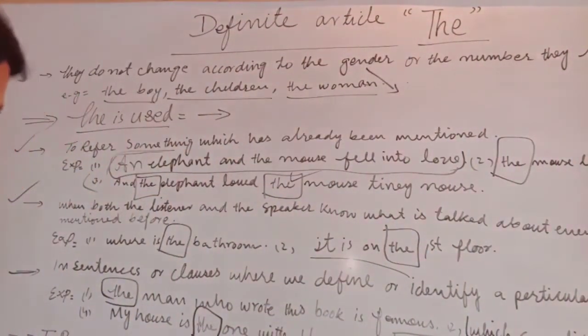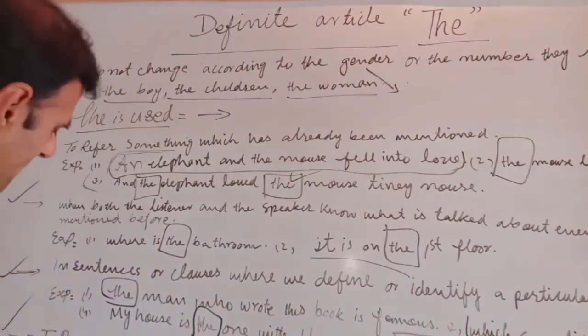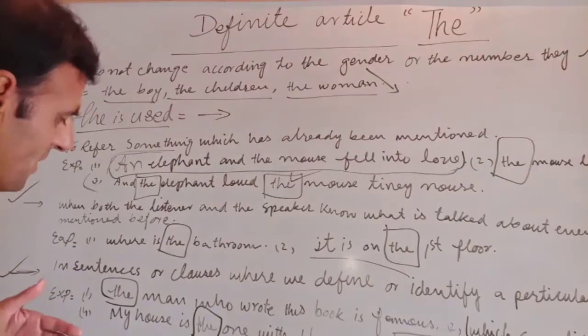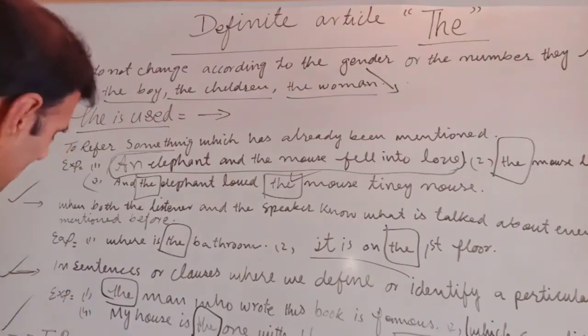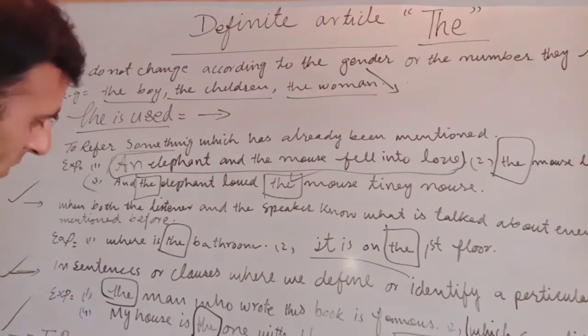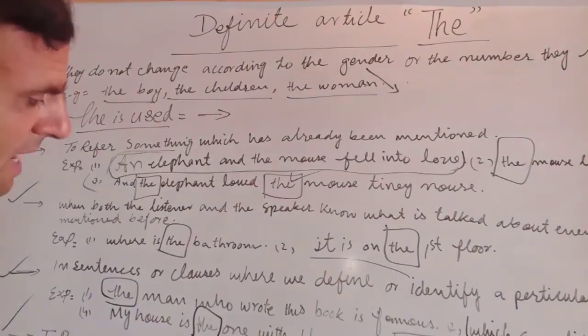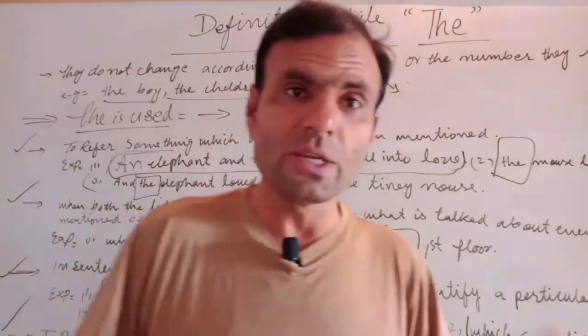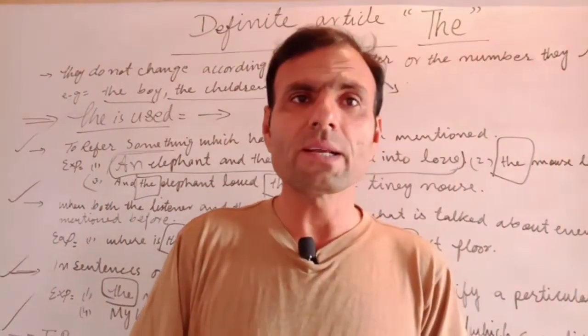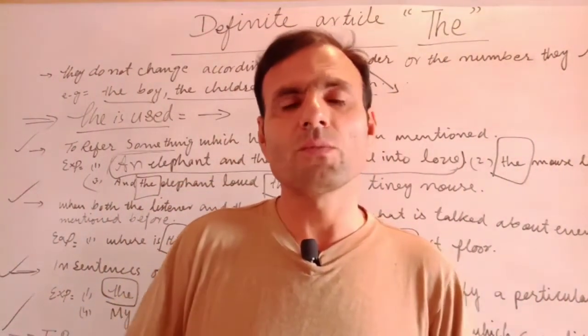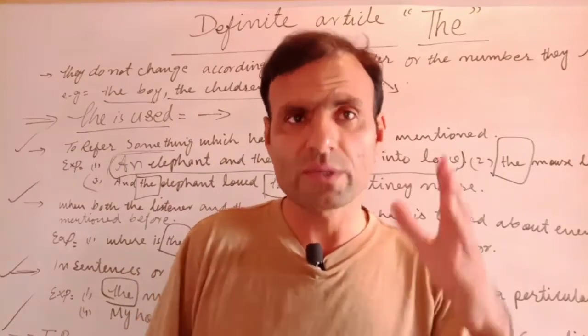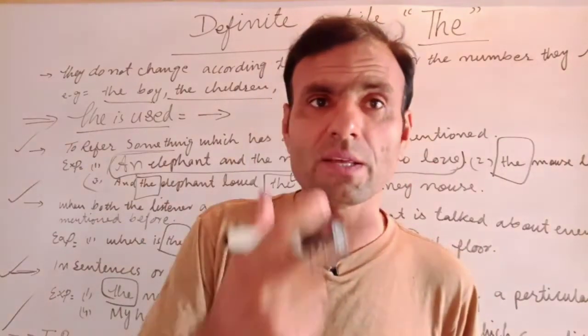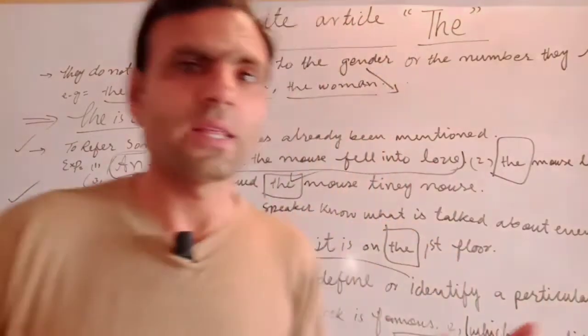And after that, one other usage of the definite article the. Which one is the other one? To refer to objects we regard as unique. If you are regarding some person or any object as unique, you have to use the to make it unique from the others.